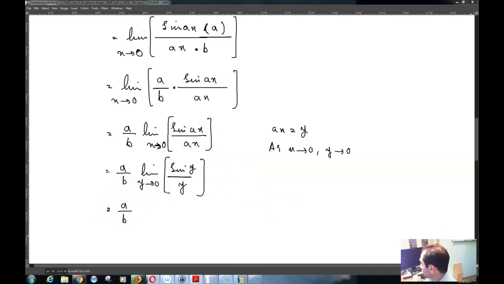So that's a divided by b. Number 13, a divided by b.